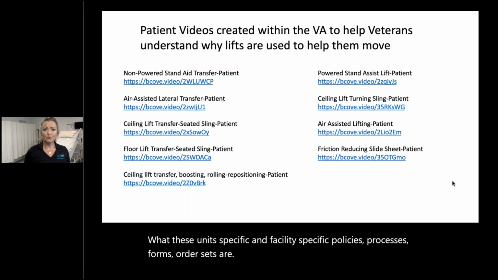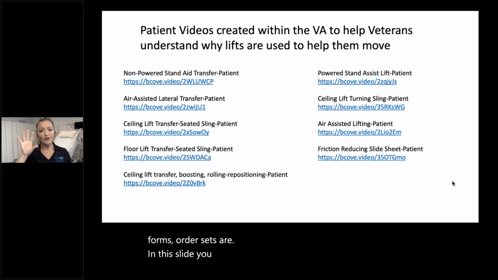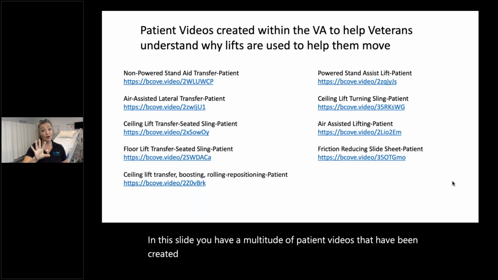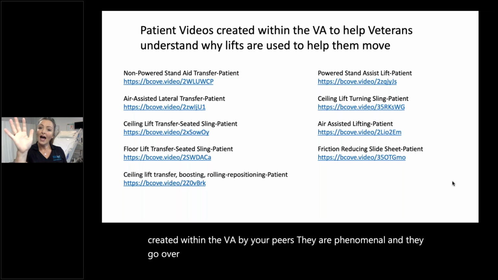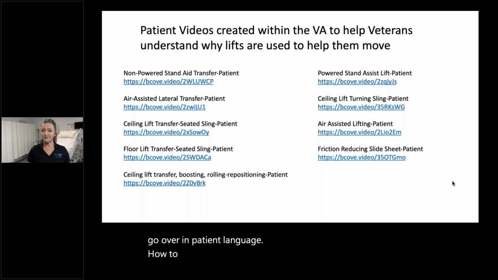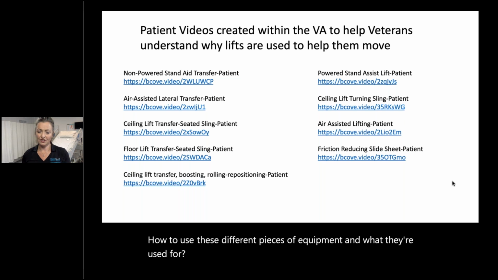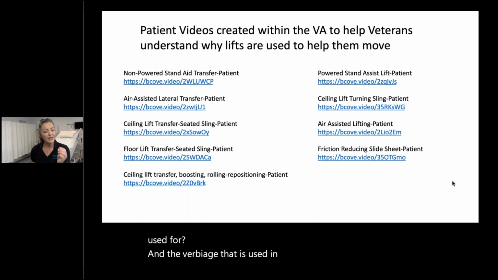In this slide, you have a multitude of patient videos that have been created within the VA by your peers. They are phenomenal, and they go over in patient language how to use these different pieces of equipment and what they're used for. The verbiage that is used in these is really, really good.